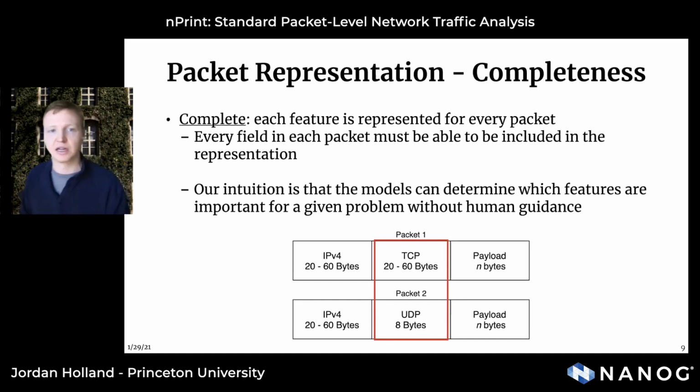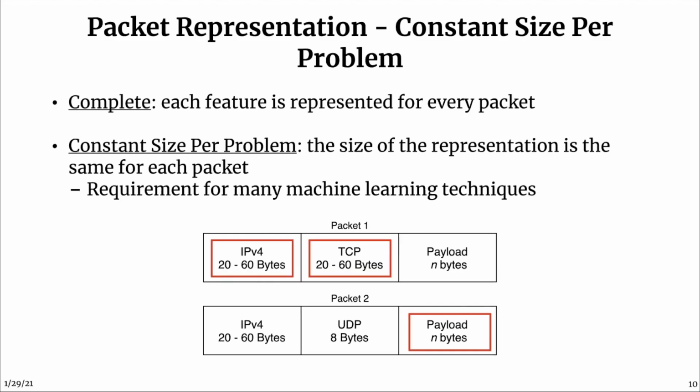And our intuition is that if we have a standard representation, the models can actually determine which features or which parts of the packet are important for a given problem without all this human guidance that's been used before. Okay, so first we want to be able to represent each feature for every packet.